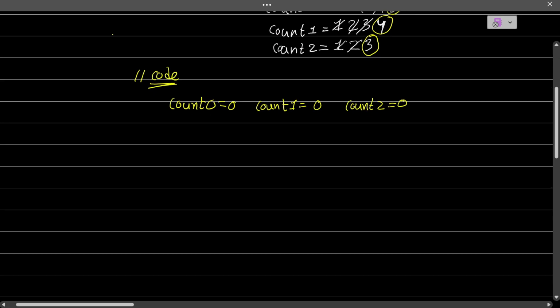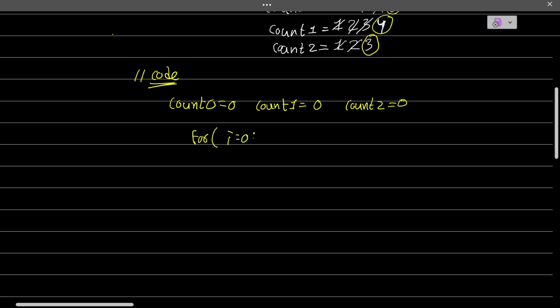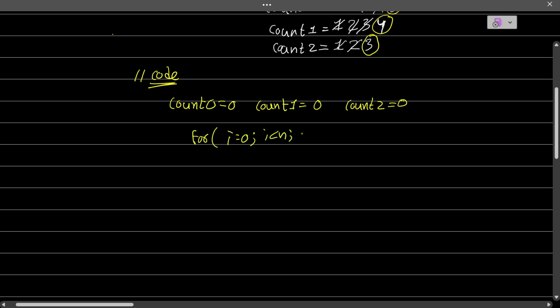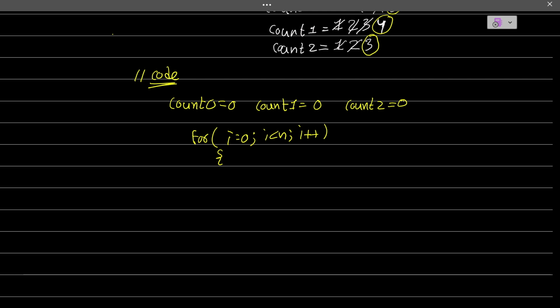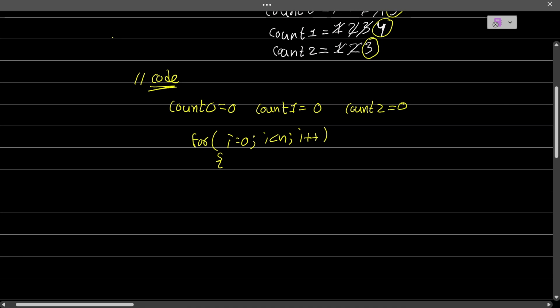Then I'll take a loop: i equal to 0, i less than n, i plus plus. What I'll do here is write a condition. If array of i is equal to 0, then increase counter 0.